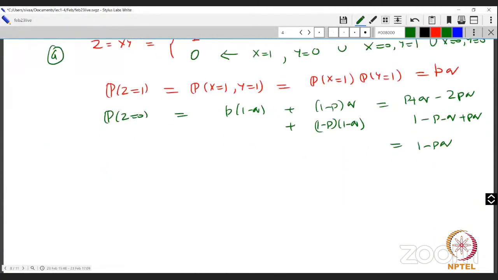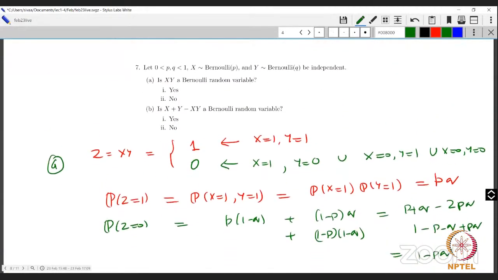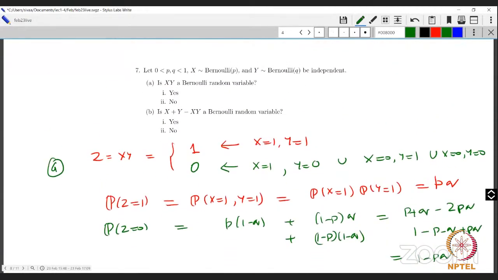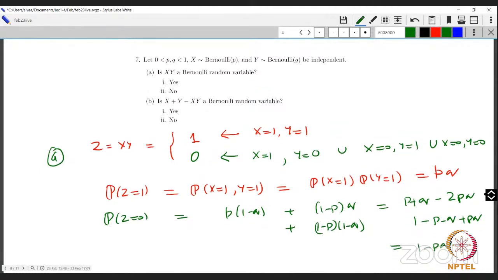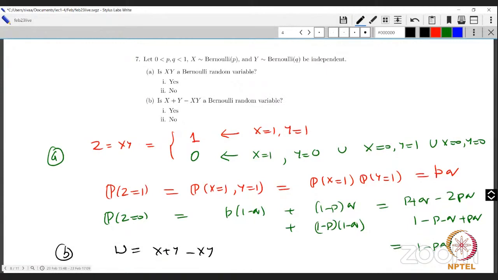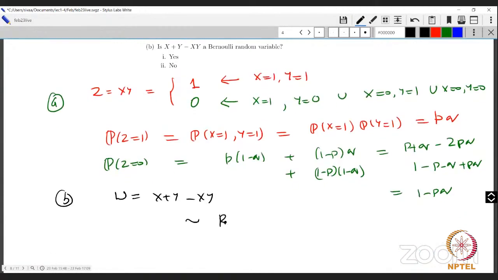And what about B? Anybody has an idea of B? Is B also Bernoulli? Yeah, it is also Bernoulli. What is the parameter for B? Someone said that B also is Bernoulli. W equal to X plus Y minus XY is also Bernoulli. What's the parameter? Can someone tell me?